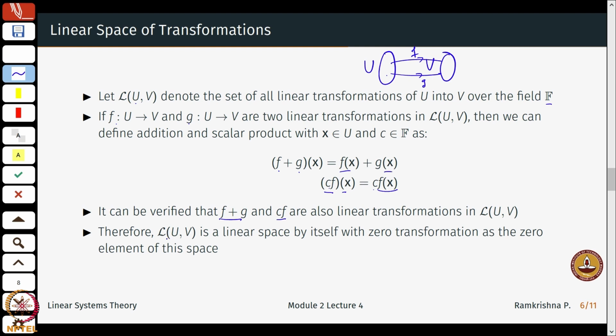Therefore, the space L(u, v), the set of all linear transformations of u into v, is by itself a linear space with the 0 transformation as the 0 element. That is a concluding, trivial statement showing that L(u, v) is actually a linear space of transformations.